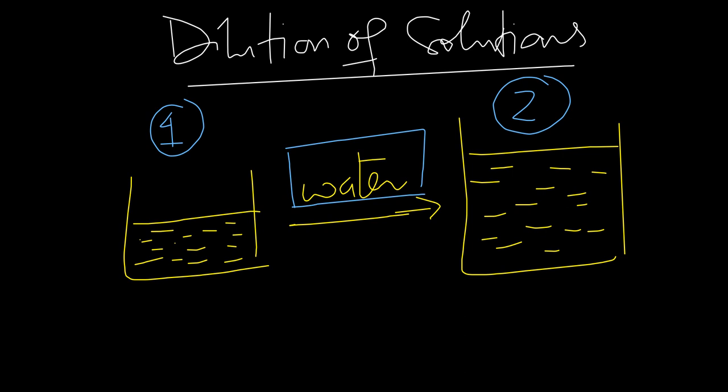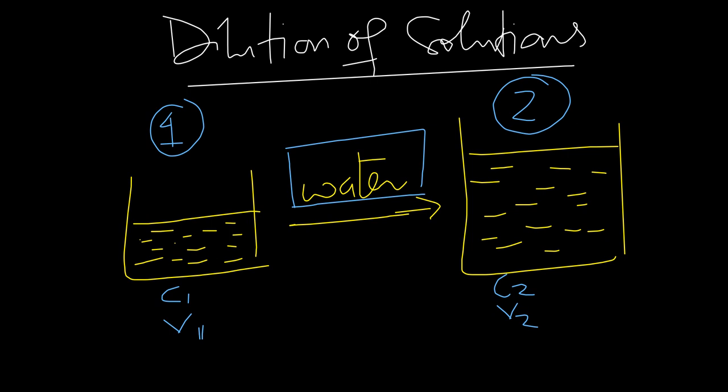I'll call the concentration of salt water one concentration 1 and the volume of the salt water one volume 1. Again for salt water 2, I'll call it concentration 2, volume 2.